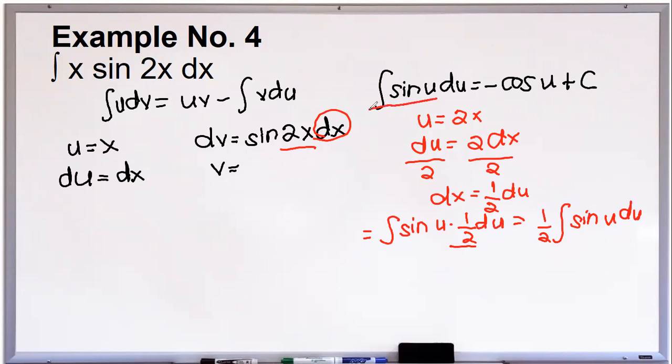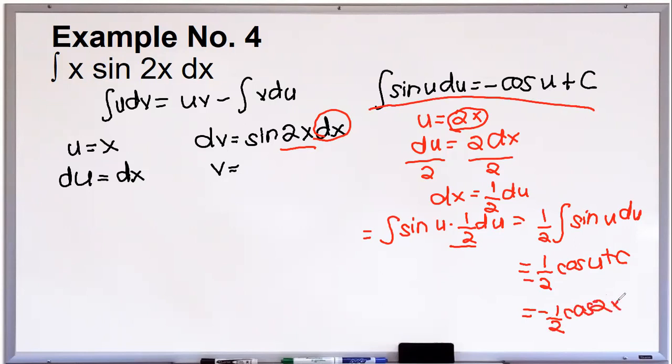At ano nga ulit yun? Integral of sine u du is negative cosine of u plus c. So, magiging ano to? 1/2 or negative 1/2 cosine of u plus c. Pero dahil may u substitution natin, ibabalik natin siya sa original function. So magiging negative 1/2 of cosine of 2x plus c. Okay, so sa madaling salita, ang v natin dito is negative 1/2 cosine of 2x.